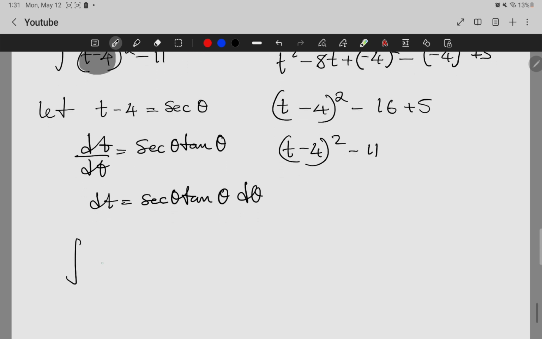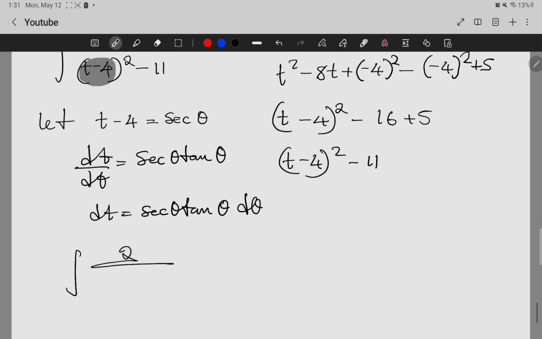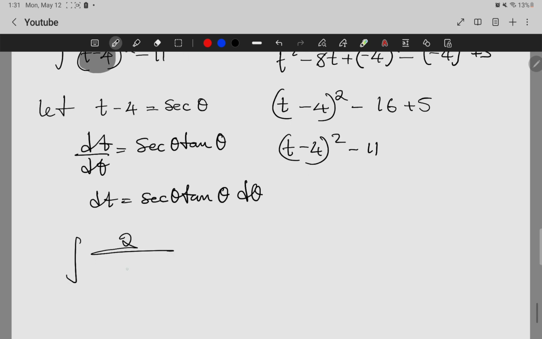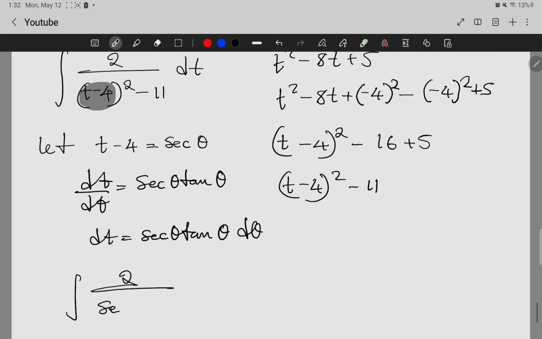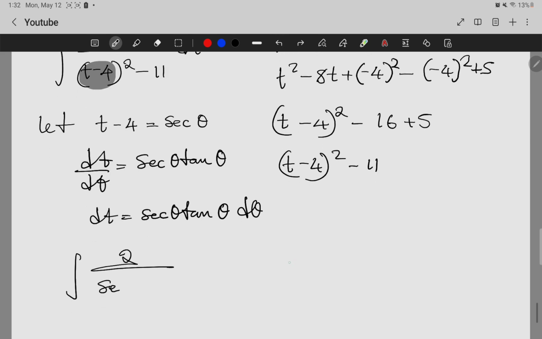So now, when we substitute, we have 2 over, where we have t minus 4, that is just sec theta. Okay, so I think we left one thing there, the 11. The 11 here, we have to get its square root. Remember, the substitution is whatever this is equals to a sec theta.